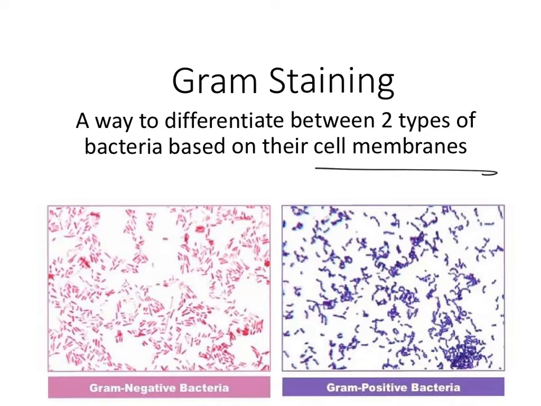However, it's a little more open, permeable, and lets things through more so than your skin does. We will spend an entire unit on the cell membrane here in a couple weeks. But Gram staining is a lab that will tell you about the cell membrane of a bacteria cell.